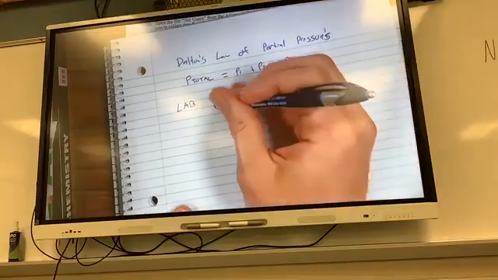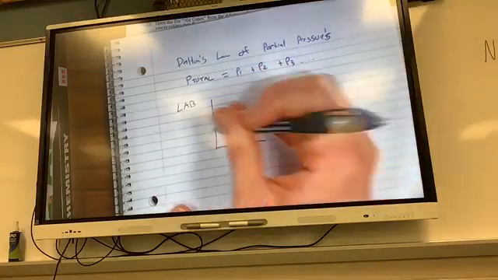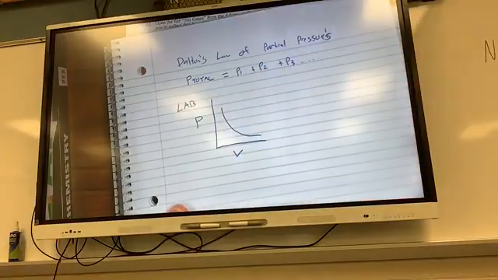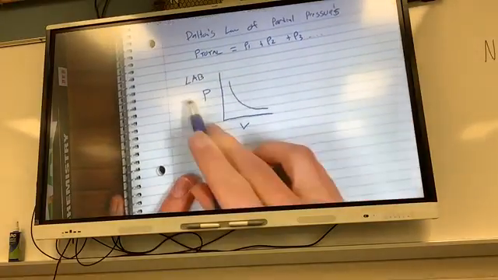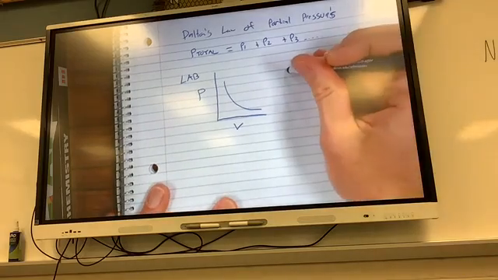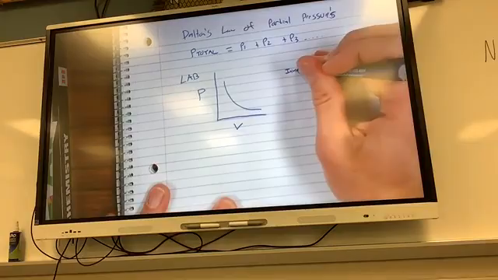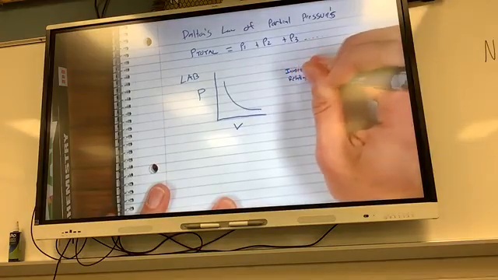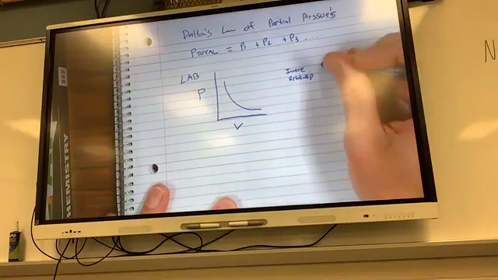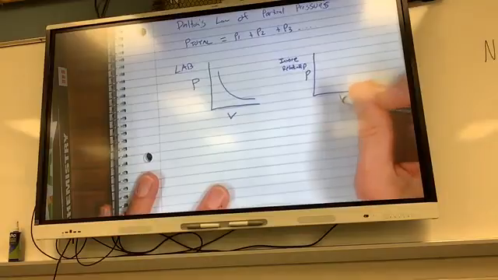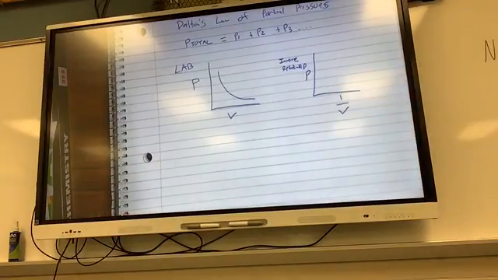So on the first one, it looked like this. You had pressure, you had volume, and it was an inverse relationship. Agreed? This is how pressure and volume looked. If I made this into an actual linear relationship, it would look like this: P, and I would have 1 over V. Are you guys okay with that?